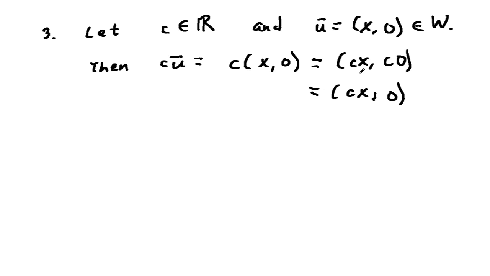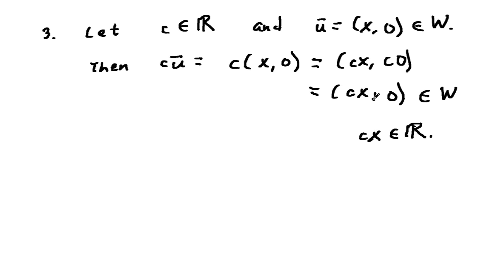And this does lie in W because Cx lies in R. Since C and x are both real numbers, when I multiply them, I get a real number.